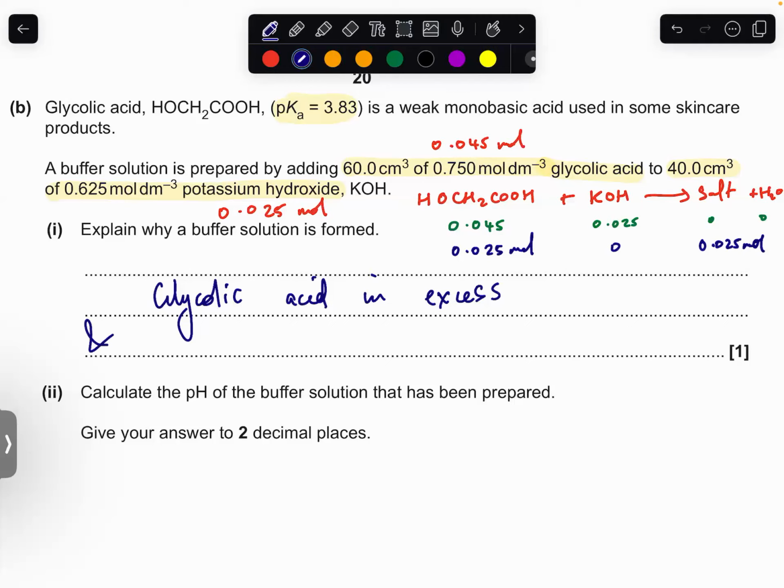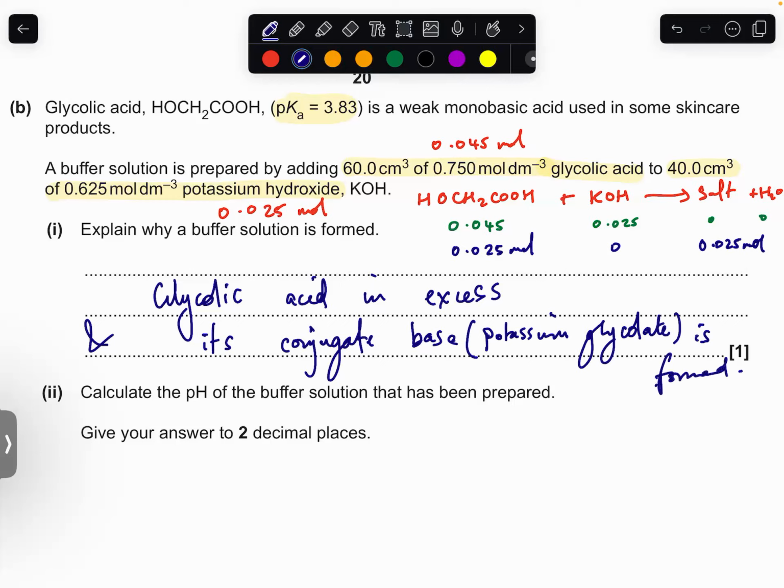You can call it glycolate, or potassium glycolate, or the salt, or the conjugate base, the potassium glycolate, is formed.